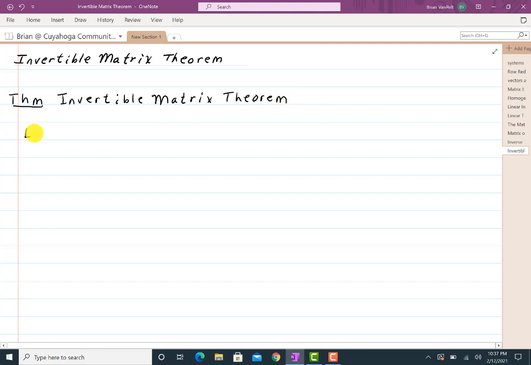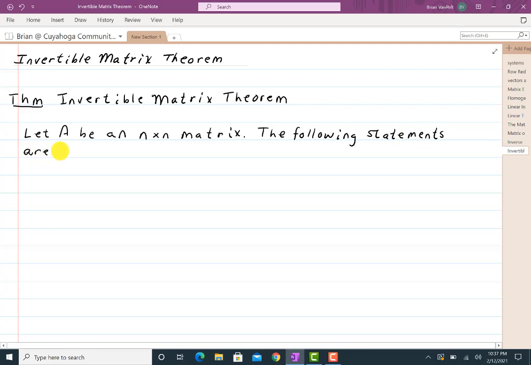And we start with: A is an n by n matrix. The following statements are equivalent.